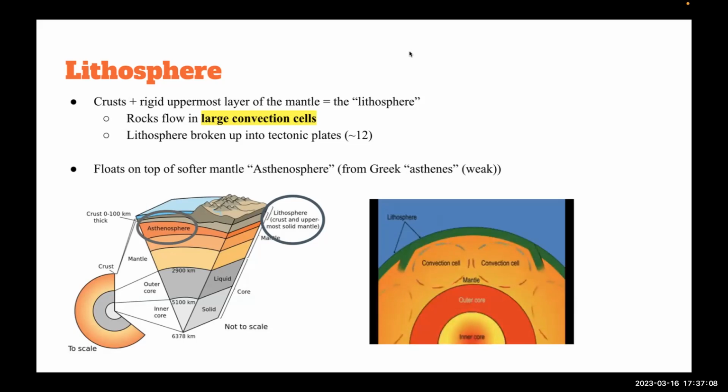So you can divide the mantle into upper and lower mantle, and the crust plus the upper mantle is what makes up the lithosphere. The average thickness of the lithosphere in total, so crust plus upper mantle, tends to be about 100 to 150 kilometers thick, and these are what the lithospheric plates move.